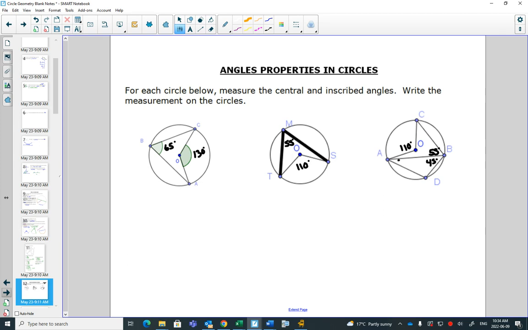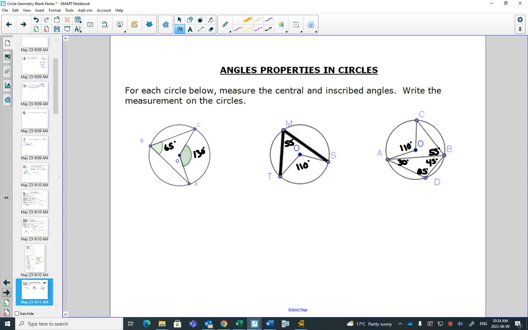This one is 30. And this one is 85. And something special happens.